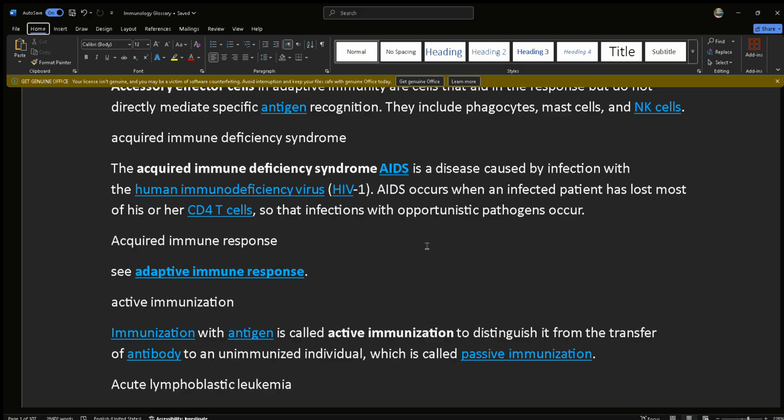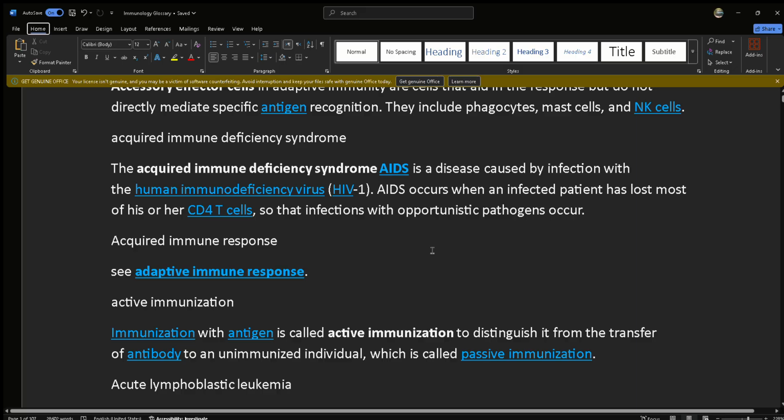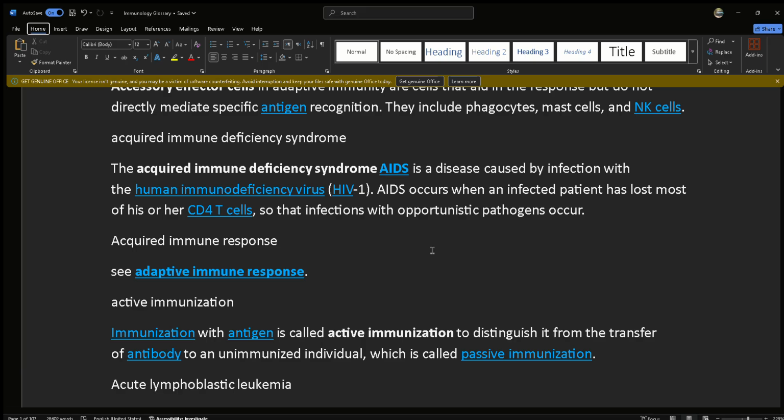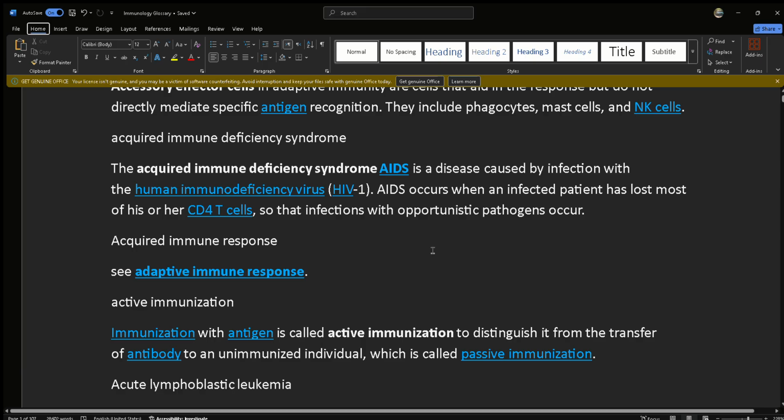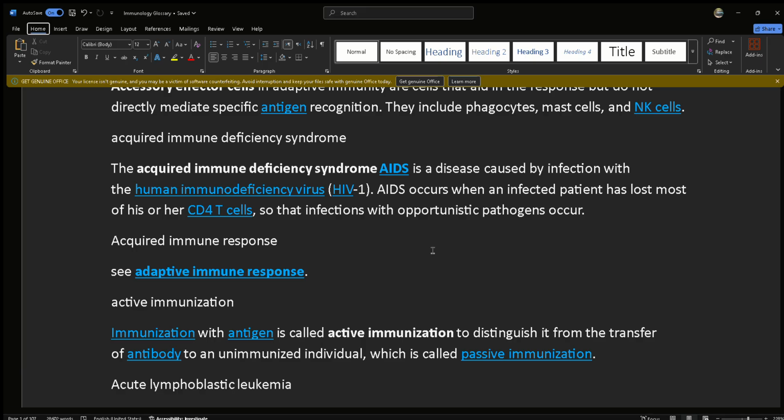AIDS is a disease caused by infection with HIV-1, and AIDS occurs when an infected patient has lost most of his or her T helper cells or CD4 T cells, so that infections with opportunistic pathogens occur. These CD4 T cells are Th lymphocytes or T helper lymphocytes.